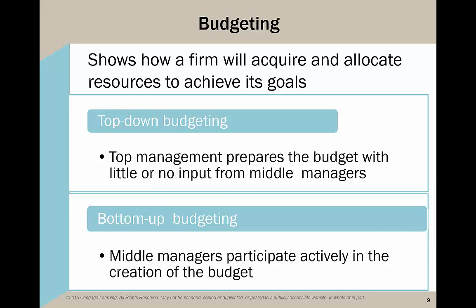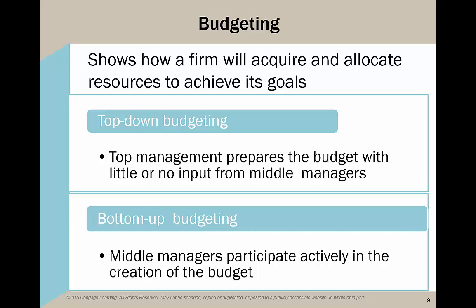So middle managers can slack off, right, and underestimate their goals or overestimate their needed expenditures. So budgetary slack is something that we need to be aware of with that bottom-up approach.